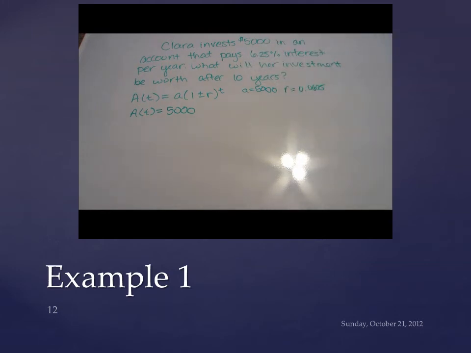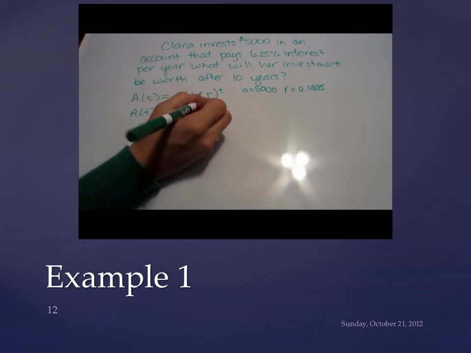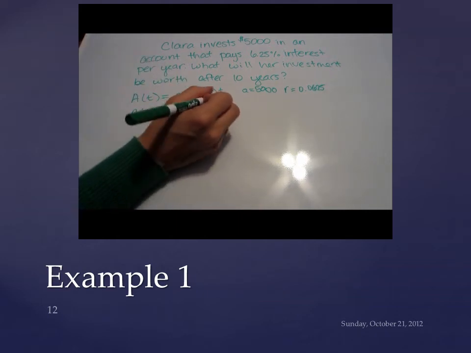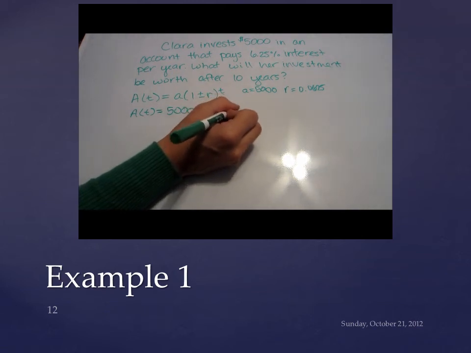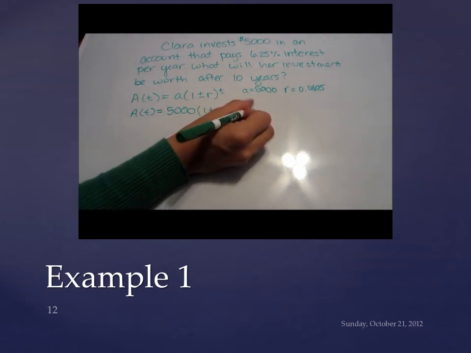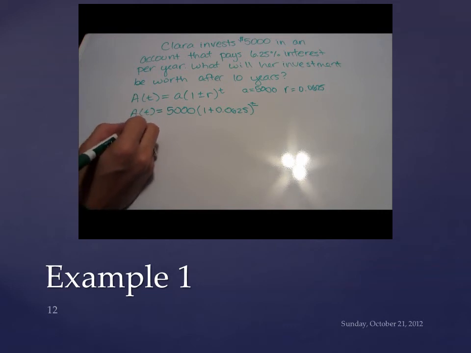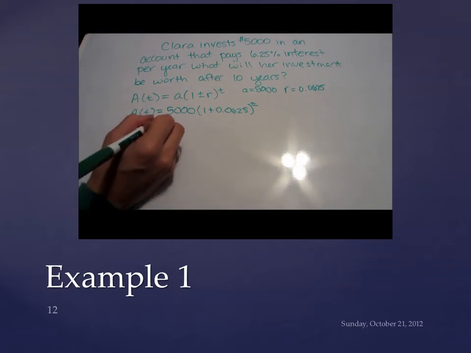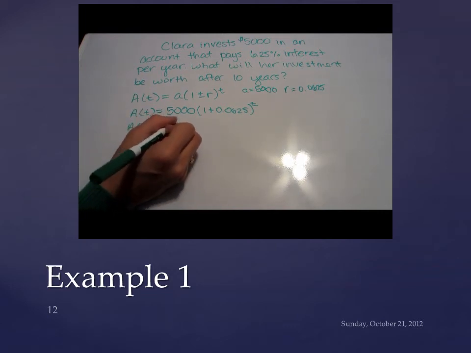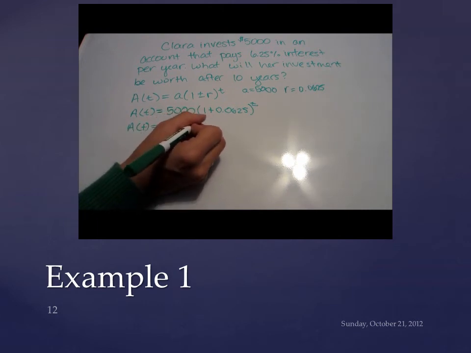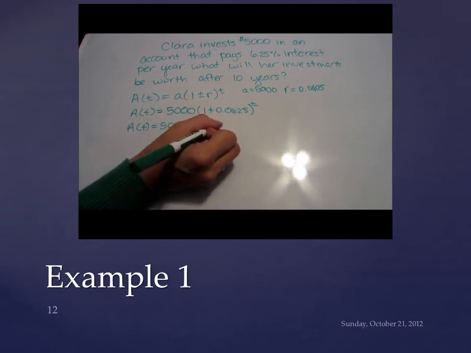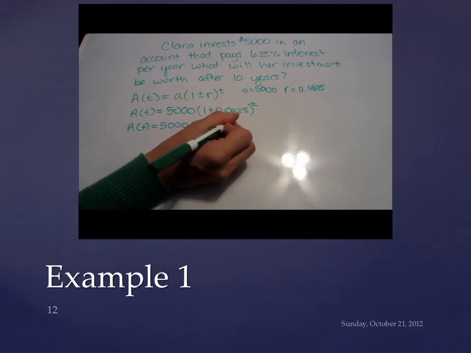So I do 1 plus 0.0625 because they're earning the interest every year. So it's a growth problem. So now we have A of t equals 5,000 times 1.0625 to the t.